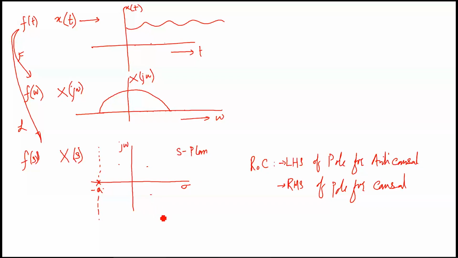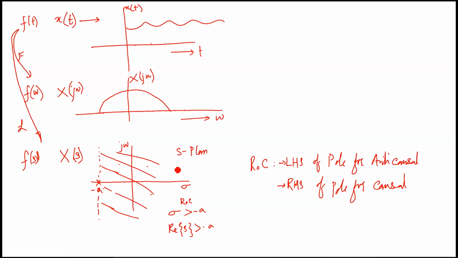And how do we express the region of convergence? We say sigma greater than minus a. For example, if we have a causal system, we can write the region of convergence as sigma greater than minus a, or sigma is also referred to as the real part of s greater than minus a, or we can just shade this region like this, which is telling us that it is basically the whole region on the right hand side.